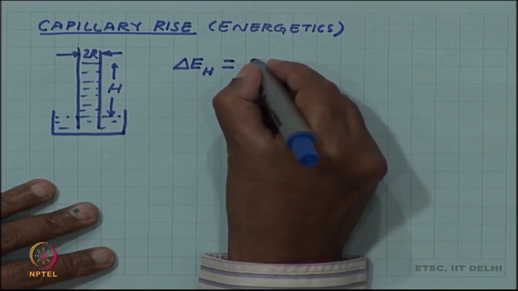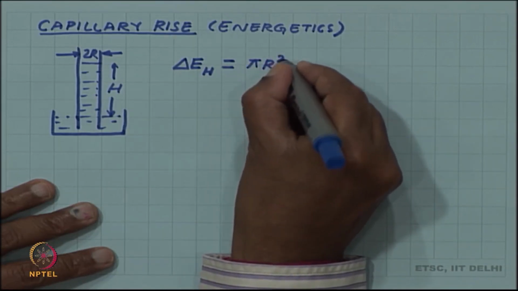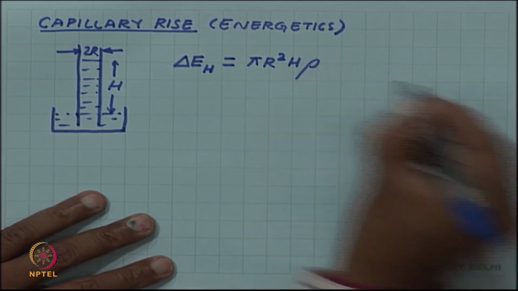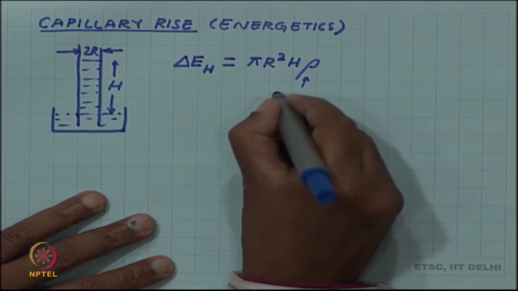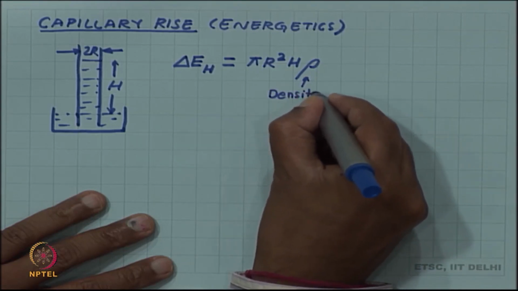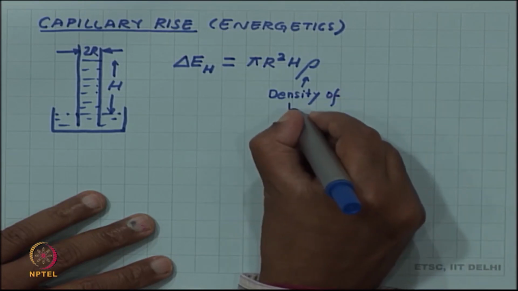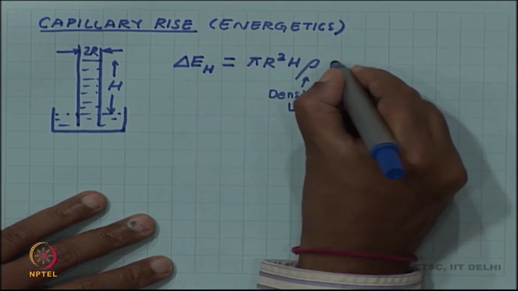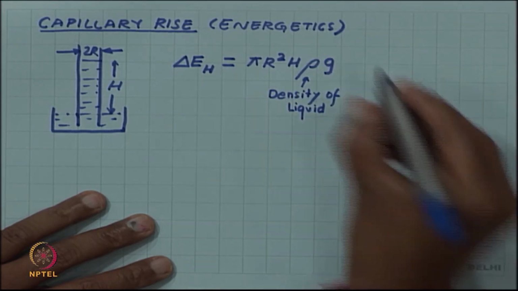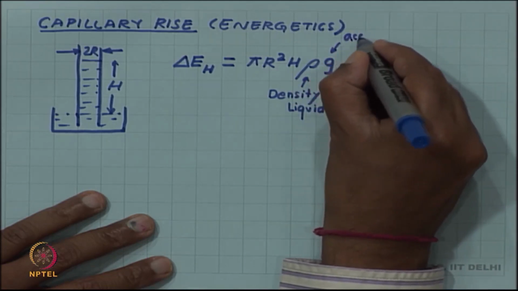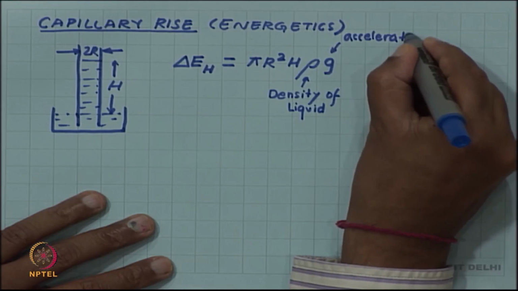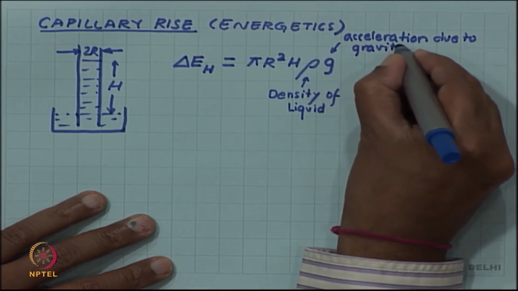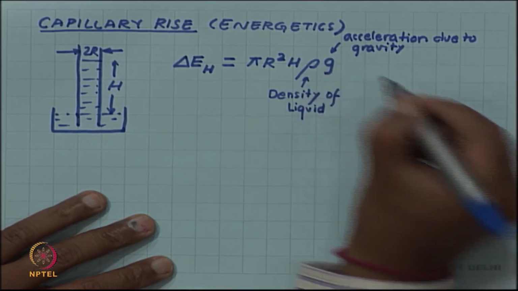So, the volume of this liquid column is pi r square times h, and if I multiply that by the density of the liquid, then I get the mass, and mass times the gravitational acceleration g, and times the height.